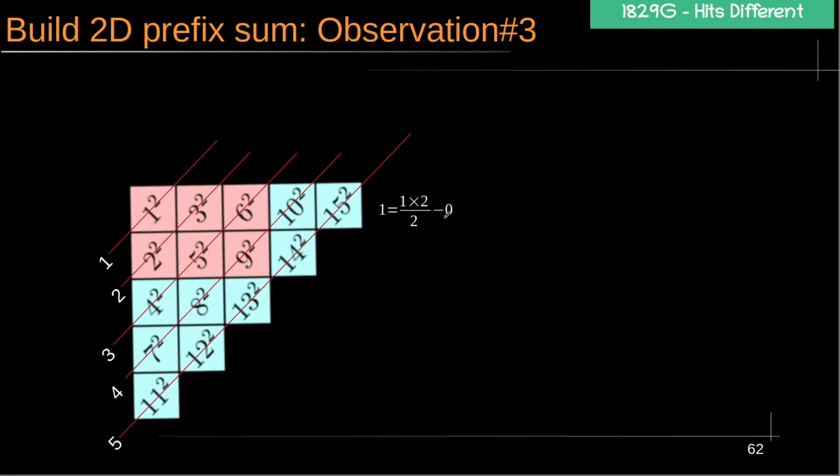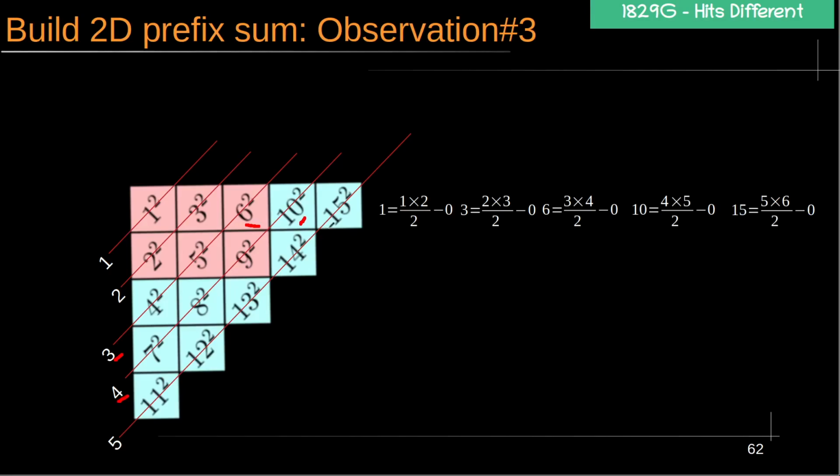We will speak about this value later. 3 is in diagonal 2, so 3 is equal to 2 times 3 over 2 minus 0. 6 is in diagonal 3, so 6 is equal to 3 times 4 over 2 minus 0. 10 is in diagonal 4: 4 times 5 over 2 minus 0.